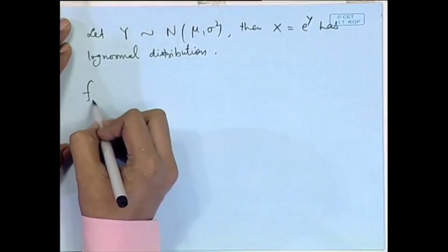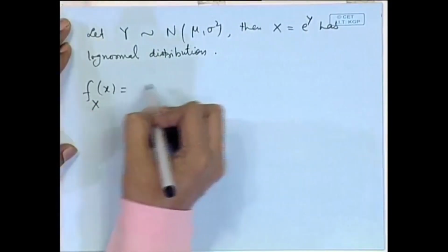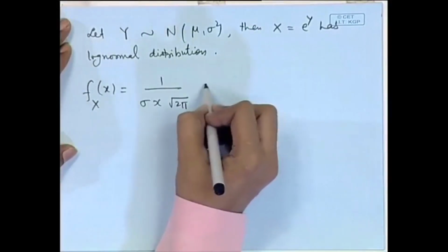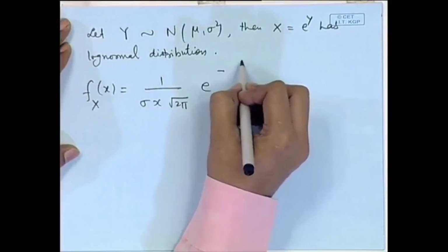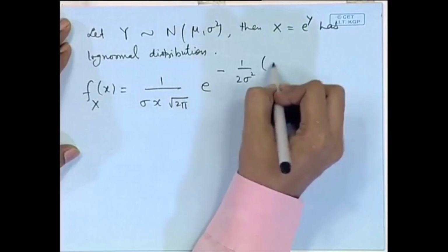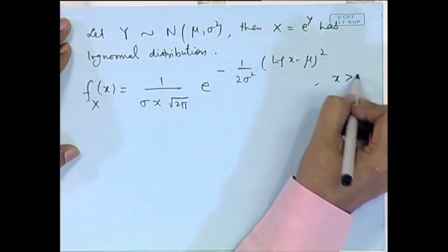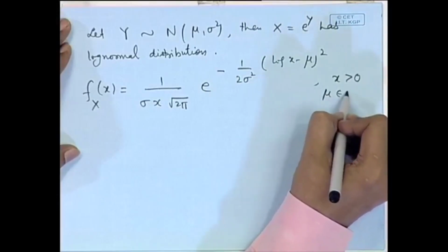The density function of the log normal distribution is given by 1 by sigma x root 2 pi, e to the power minus 1 by 2 sigma square, (log x minus mu) square. Here x is positive, and mu and sigma are as usual.